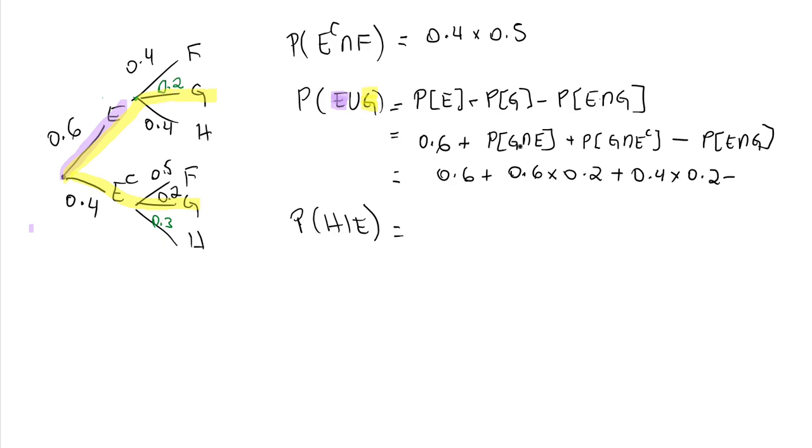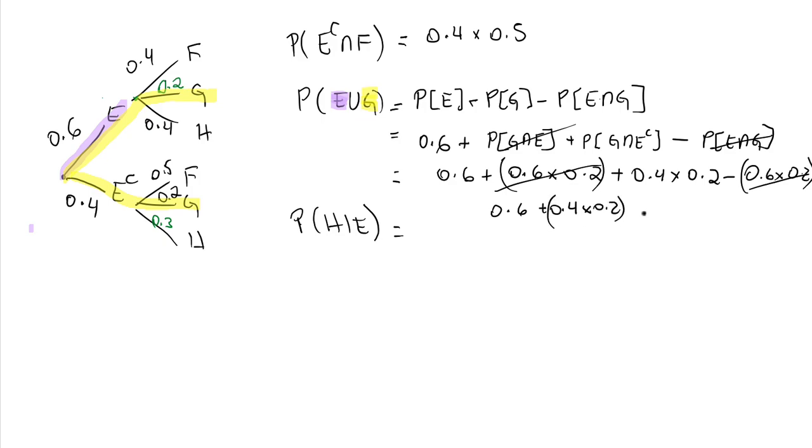You can think about this: I didn't even need to calculate because this was going to get rid of it. So I have to take off this quantity, which is equal to this, right? So this is killing it. And this is 0.6 plus 0.4 times 0.2.